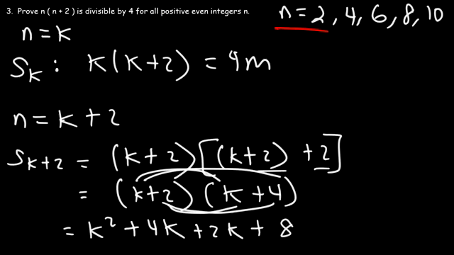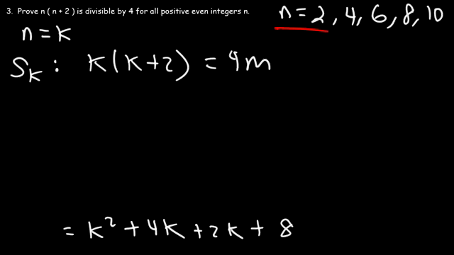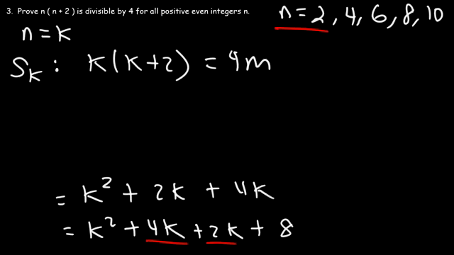Now, what I'm going to do is rearrange this expression. What I'm not going to do is combine like terms. I don't want to add 4k and 2k to make it 6k. I'm going to write it as k squared plus 2k plus 4k plus 8. And here's why.